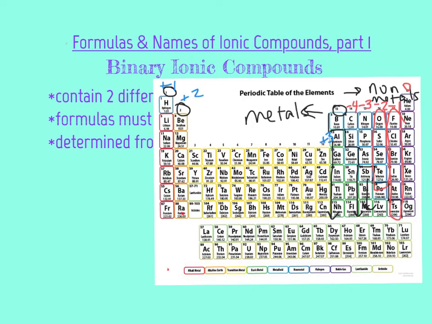All of column 2 has a +2 charge. These have +3 charges. This all has a -1 charge. This column, -2, -3. These are all fixed charges, and that's very, very important. When we start talking about these, these are variable charges and they can change. So we're focusing on the fixed charges.